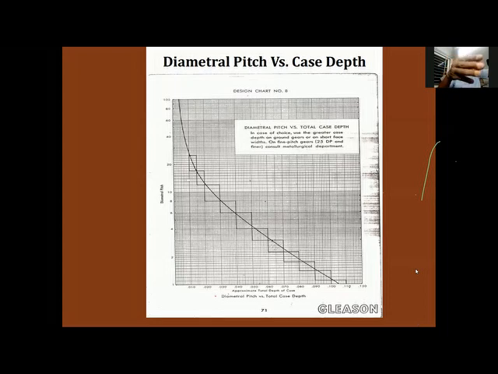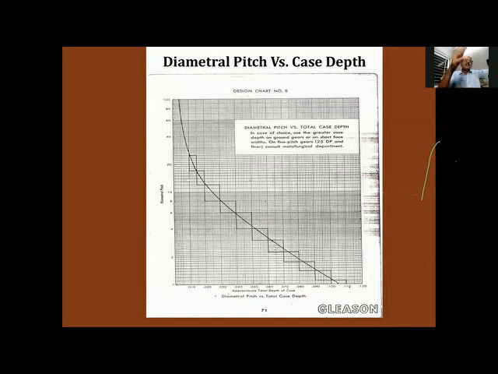Although I am not showing you that curve right now, there are curves available as to, if there is a range of core hardness, let's say between 25 and 32 HRC at the root, then the case depth can be on the higher side of the nominal case depth, which we get from the curve.